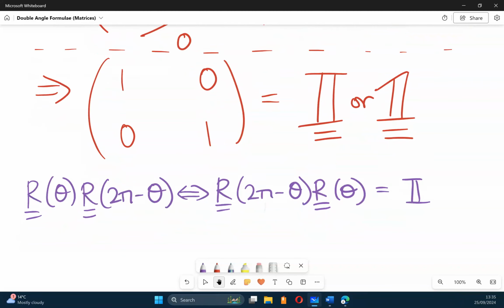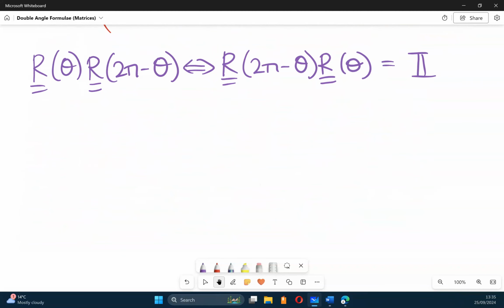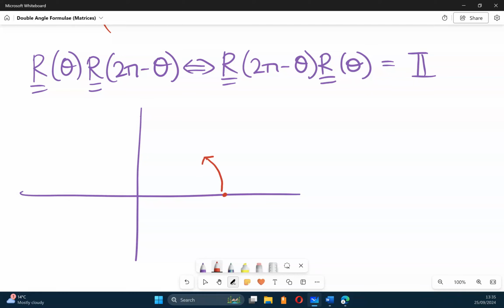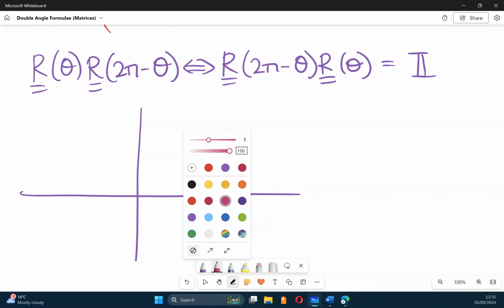And then the final thing to note is that we've looked at rotating a point here. Let's say I had a point on here and I rotated it by an angle alpha. So my new point is here.